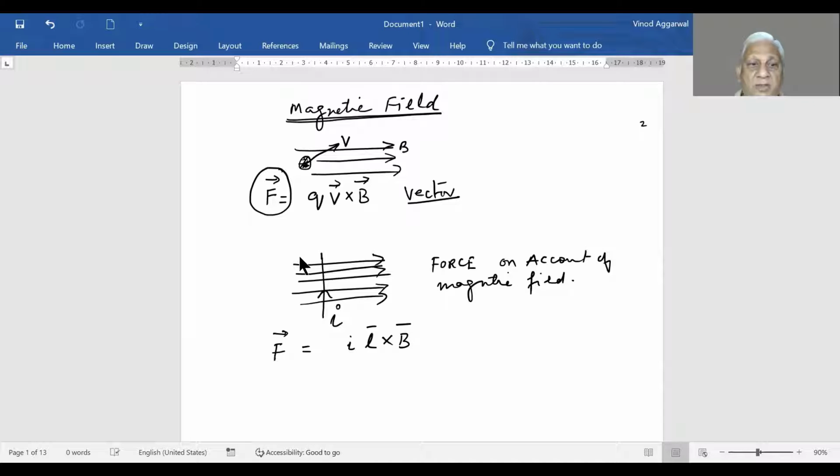And how much is this force experienced? The force experienced by the conductor carrying current I is given as I times its length, the length which is immersed in the magnetic field B. Again, since force is a vector, this cross product is also a vector.